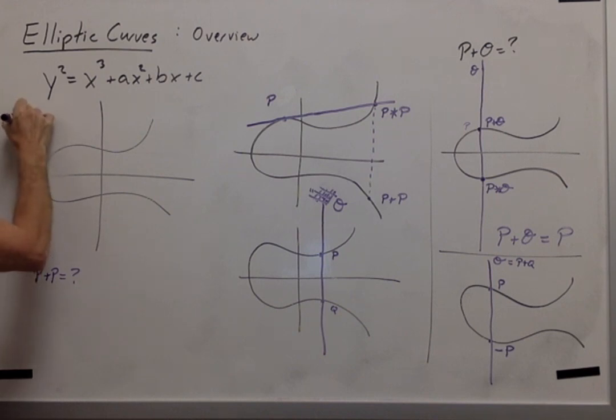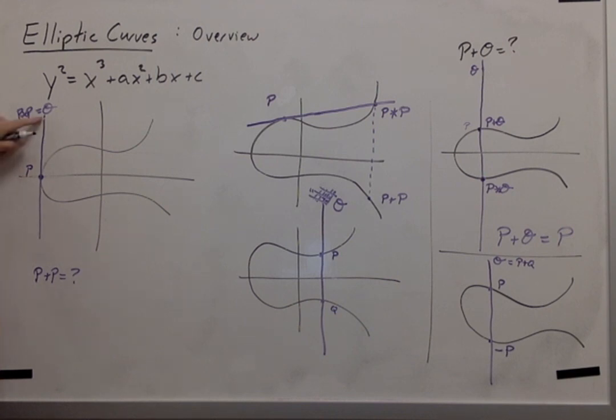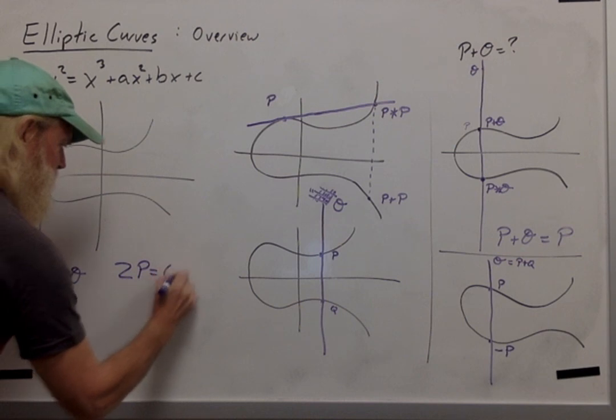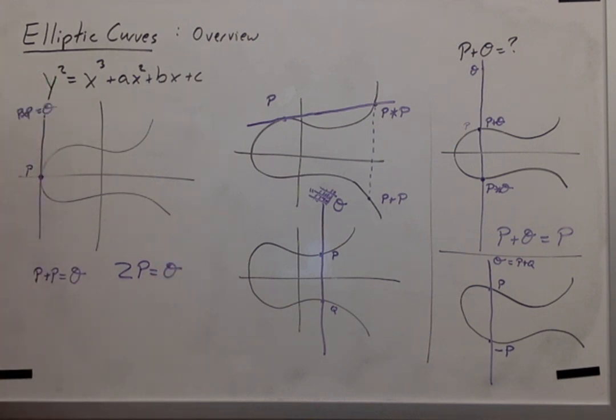So P star P is going to be O, and then when I reflect it, I get O again. So when P is a point on the graph where you have a vertical tangent line, then P plus P is equal to O. In other words, 2P is equal to O. So that means that points on the x-axis where you have a vertical tangent have order 2 in the group.